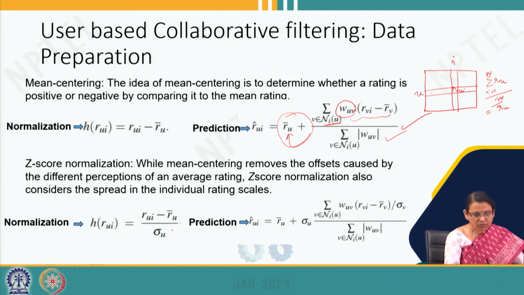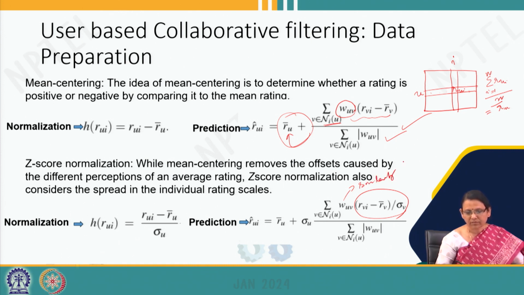Now, once you do this, at the time of rating prediction, instead of the actual rating, a mean centered value you will be multiplying with similarity. This is your similarity. This will be done across all the users who are there in the neighborhood.